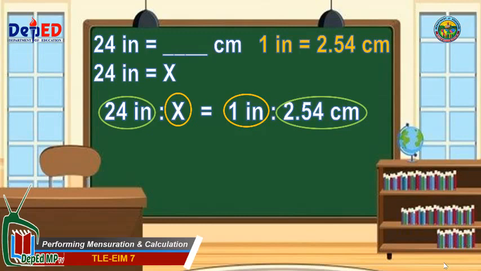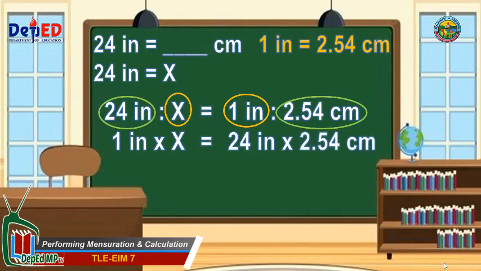Now our equation, after we pair them up, becomes 1 inch times X is equal to 24 inches times 2.54 centimeters.